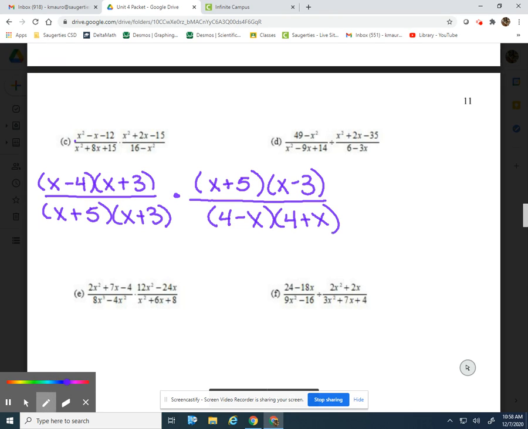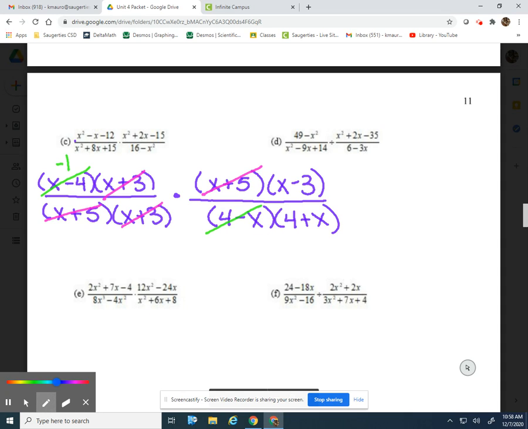Okay, so now my favorite part, let's start crossing things out. X plus 5 goes away, x plus 3 goes away. And now we have our x minus 4 and 4 minus x. I'll do this in a different color. Those can cross off, but remember they're flipped and it's a subtraction. So I'm going to multiply, I'll just do the top by -1.